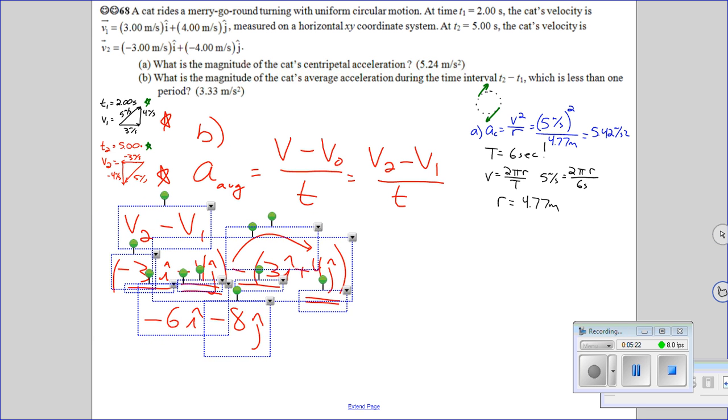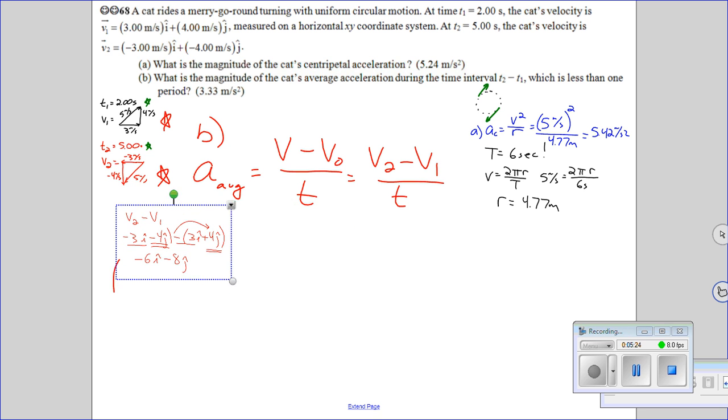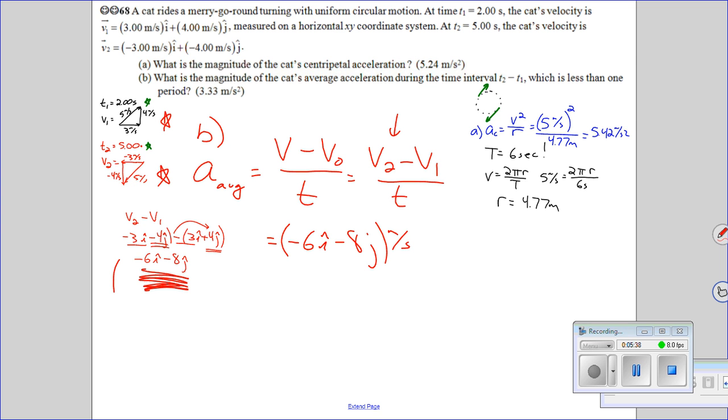I'll do this again. So I'm going to take my v2 minus v1 that I just found and plug it in over here, right? So I'm going to get negative 6i minus 8j. This is all meters per second, and we still have 3 significant digits. And then divide by our time. Well, how much time went by? We went from 2 to 5 seconds, so that's 3 seconds.